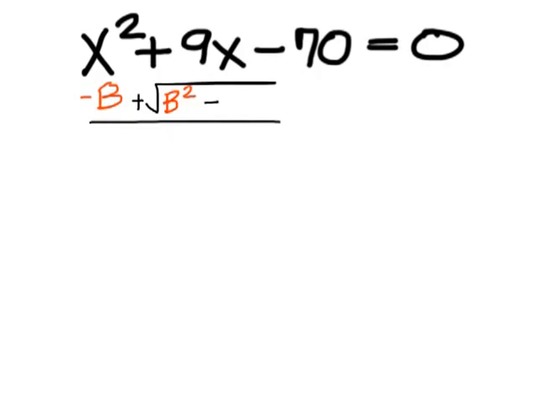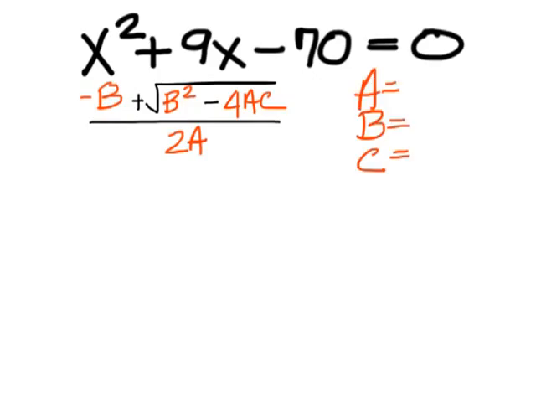Next up, what I need you to bring is what goes here. What goes in there is 4ac, which in this case is 4 times 1 times a -70. And then on the bottom you'll have 2a.